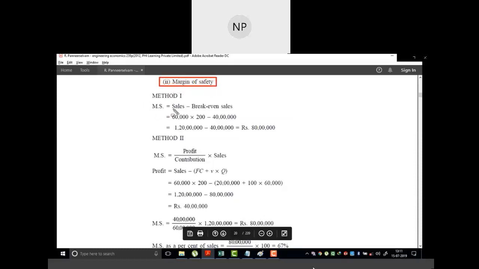Break-even quantity can be defined as the fixed cost divided by selling price per unit minus the variable cost per unit.